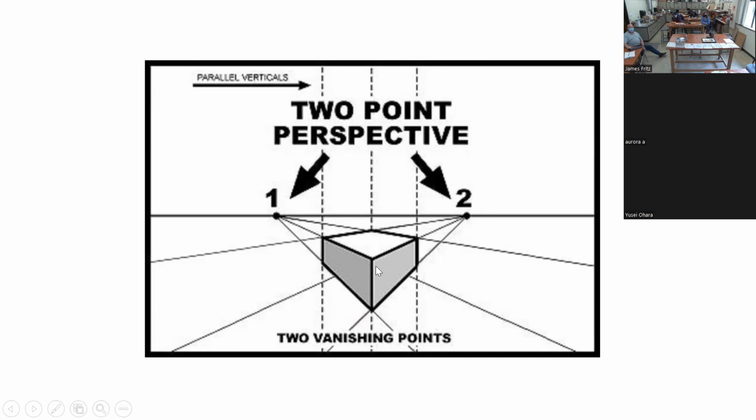And the sides of the object are all understood to be parallel to each other, and yet they all converge to a point on the horizon line. And these sides over here will also converge towards this point on the horizon line, creating that illusionistic three-dimensional space. So that's how 2-point linear perspective works.